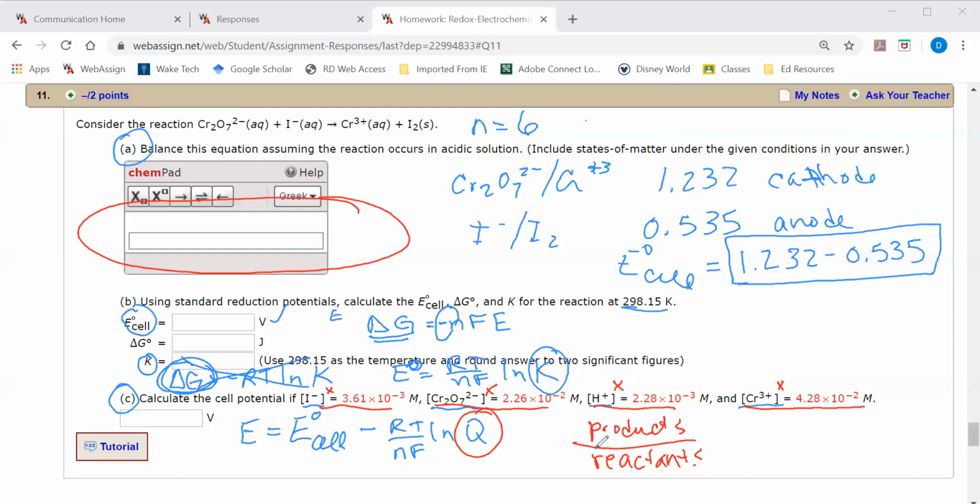For example, if you're trying to plug it all in, where you're multiplying all the reactants on the bottom, raised to their coefficients, remember that you're going to need some parentheses around that to find your Q, and then remember to take the natural log of that number and continue that calculation without any rounding until you get to the final cell potential. So hopefully that will help to clear up some of your confusion or frustration with this assignment.